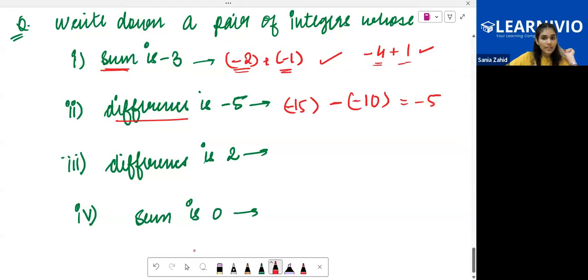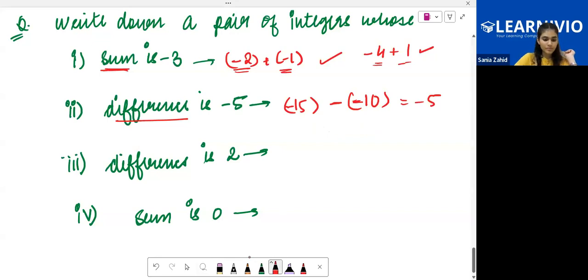But if you write negative sign on 10 also, when you open the bracket, it will become -15 plus 10 and your answer will be -5 only. But without opening the bracket, you have -15 and -10 with you. So your answers are -15 and -10.